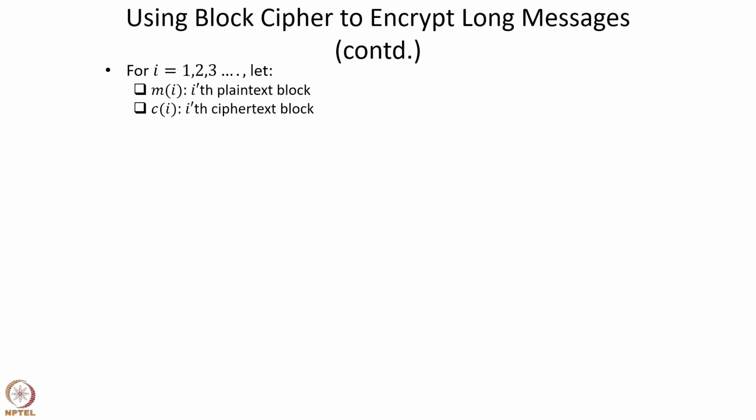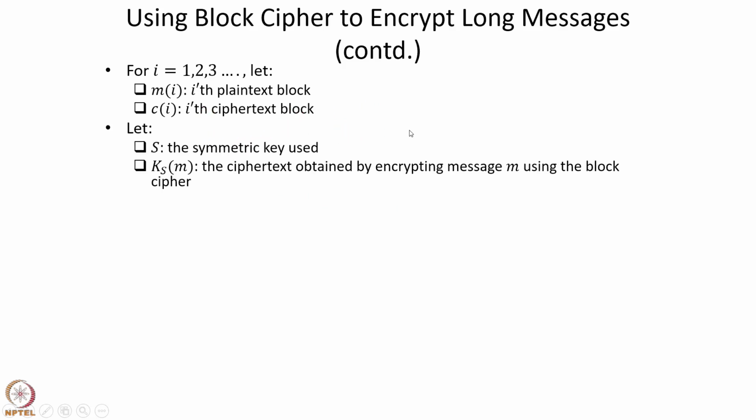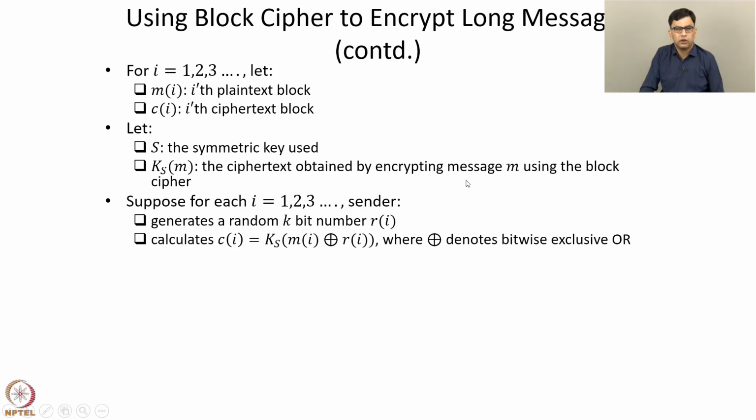First, consider a simple technique. For i equals 1, 2, 3, and so on, let mi be the ith plaintext block and let ci denote the ith ciphertext block. Let s be the symmetric key used, and ks of m denotes the ciphertext obtained by encrypting the plaintext message m using the block cipher. So the scheme used is as follows.